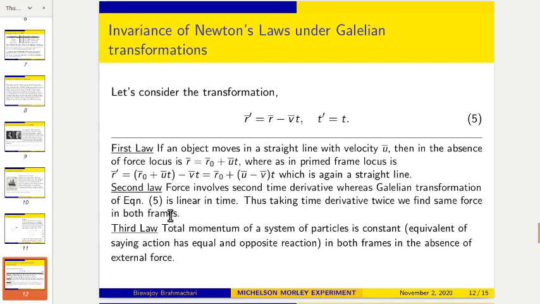If you consider the unprimed frame, you will see that momentum is constant, and if you are seeing the primed frame, you will see that momentum is constant. These constants are not the same, but they are constant in the unprimed frame and constant in the primed frame.